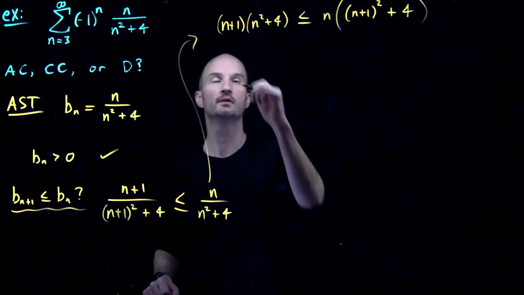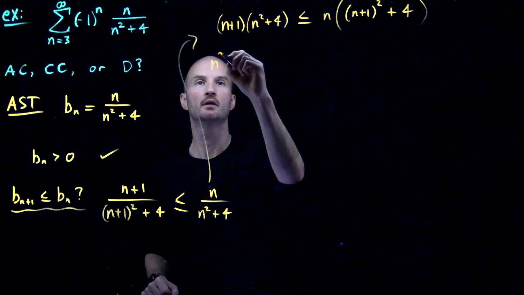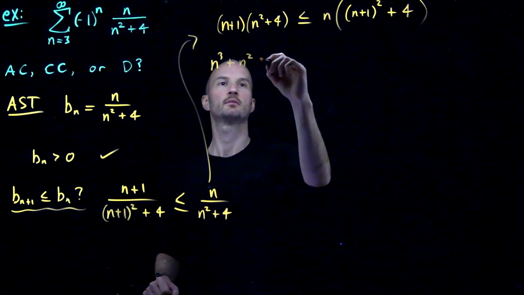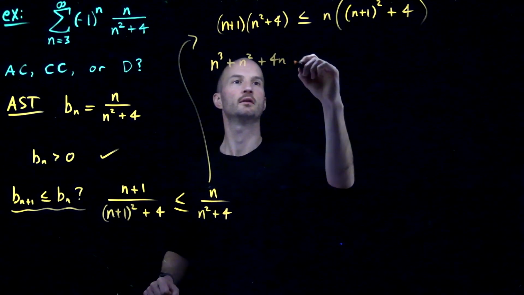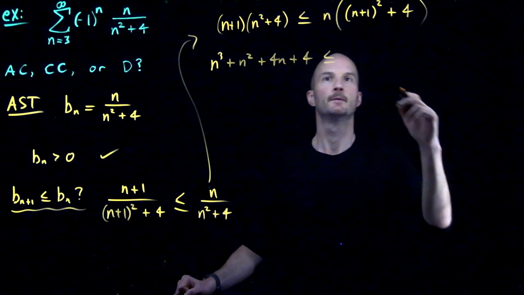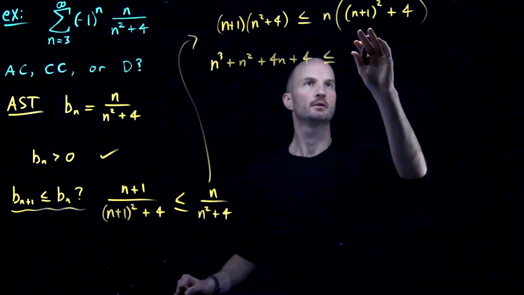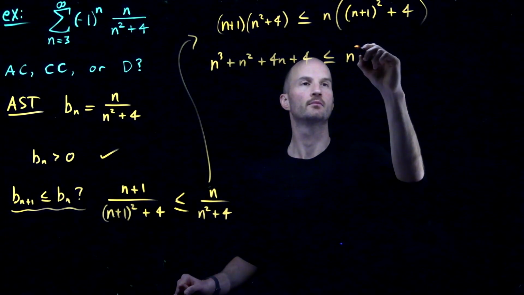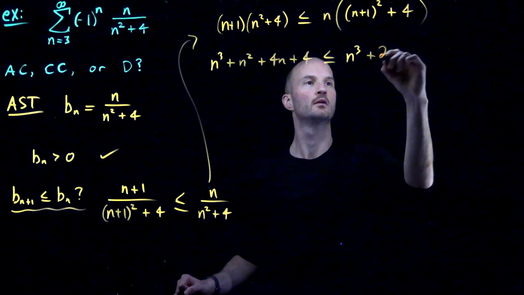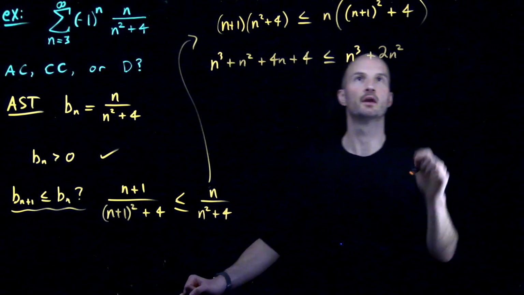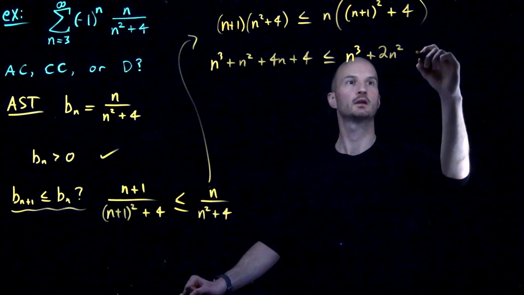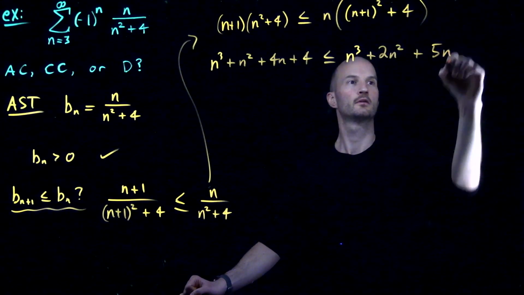Okay, working this out, I get n cubed plus n squared plus 4n plus 4 less than or equal to, again, n cubed here. Then I'll have a 2n, so 2n squared, and then I'll have a 5, 1 plus 4, 5n.